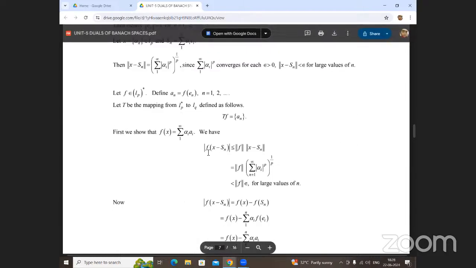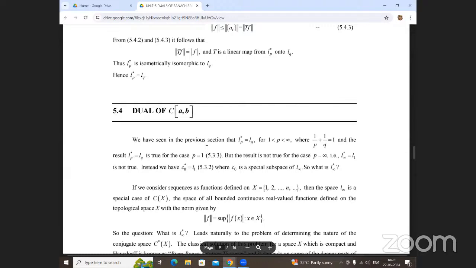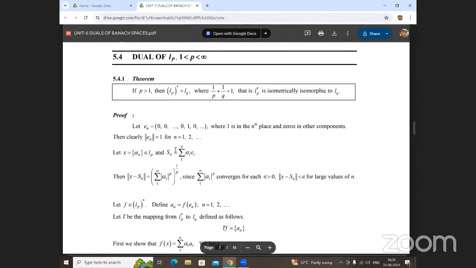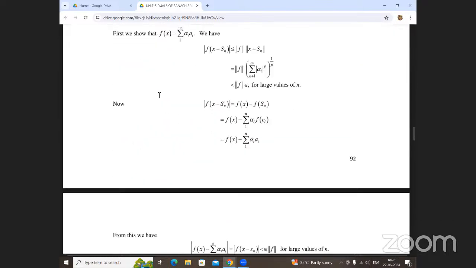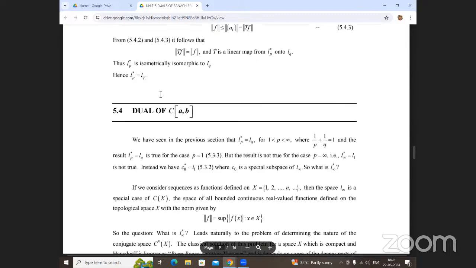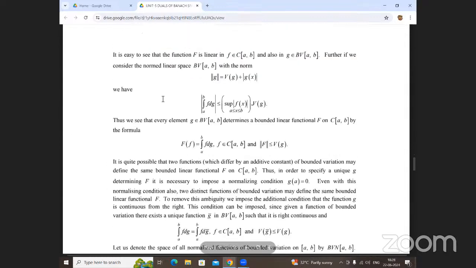Now that's enough. This is the end of this part, these theorems up to 5.3 and 5.4.1. These four theorems are given in this unit. Just see and refer to them for the final examination. That's enough.